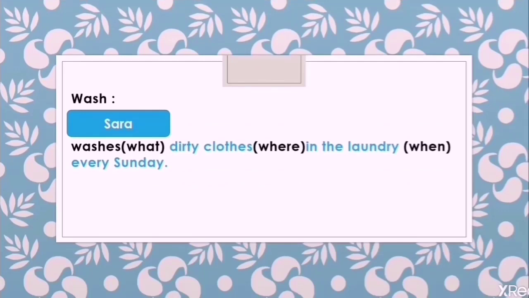Sarah washes what? Dirty clothes. Where? In the laundry. When? Every Sunday. Here in this sentence we have used 3 question words, what, where, when.